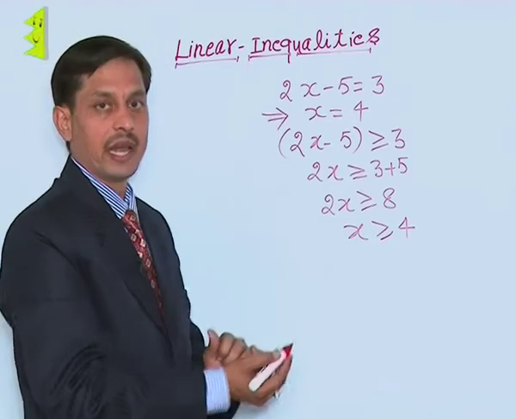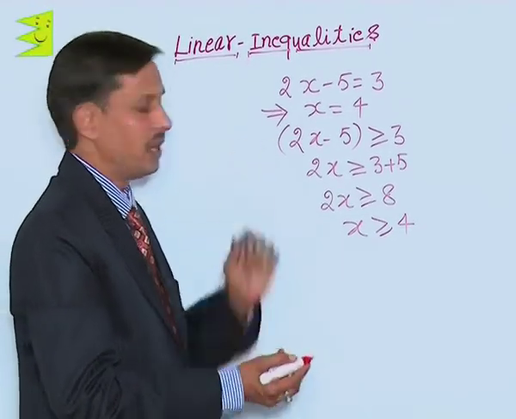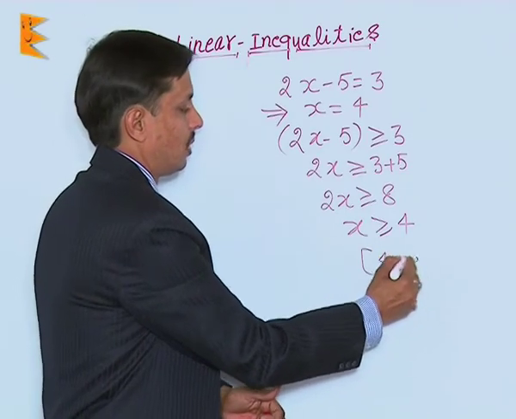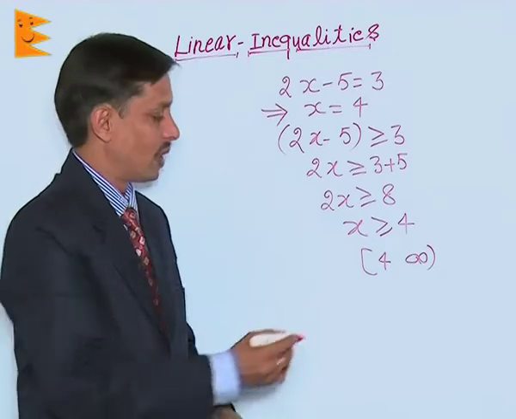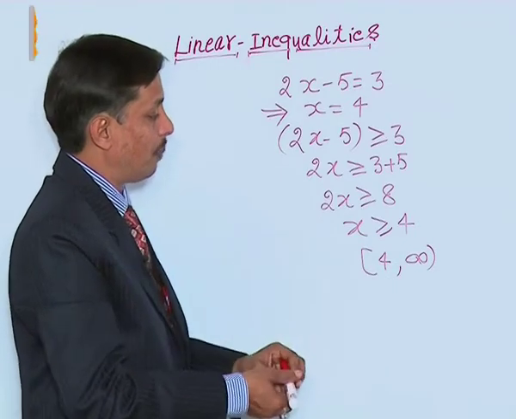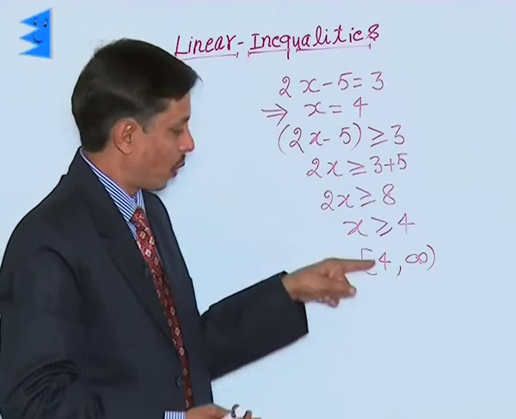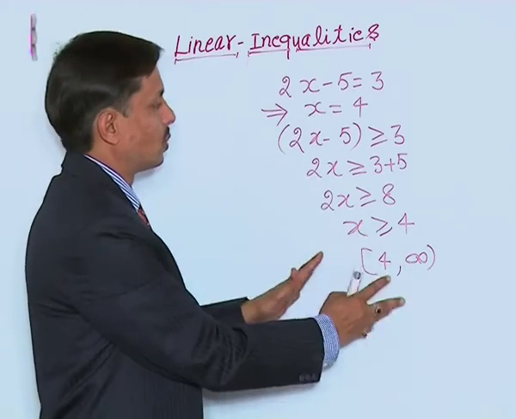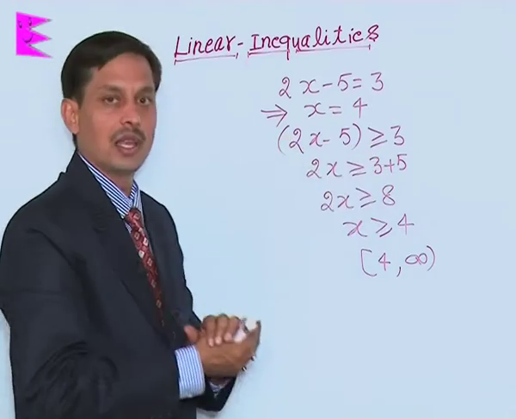So the solution set of this linear inequality becomes 4 to infinity. That's why we can say every real number from 4 to infinity is the solution of this linear inequality.